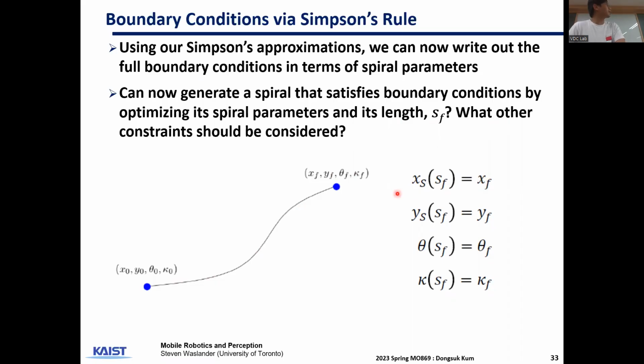And here we can formulate the earlier constraints in terms of the approximated x and y values. Another thing to note is what other kind of constraints should be considered. So you can consider that.